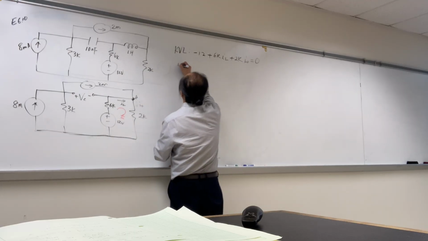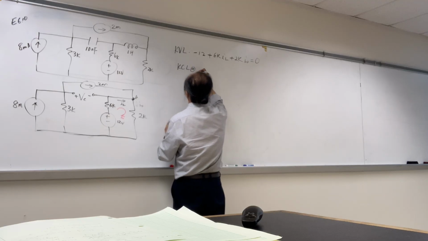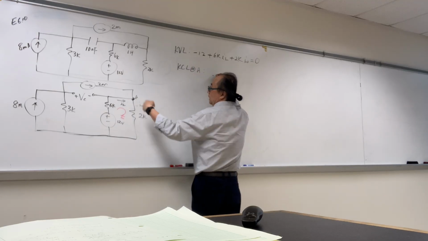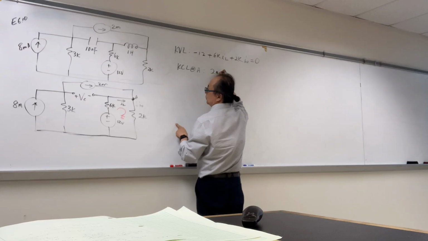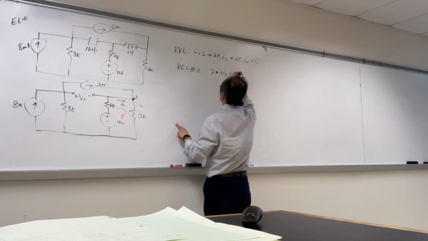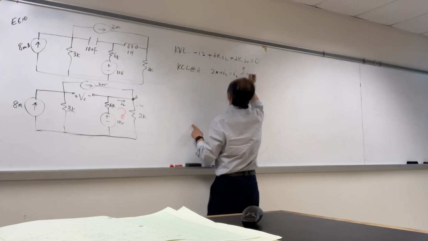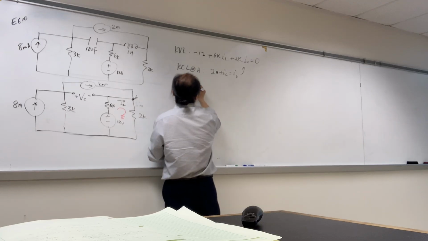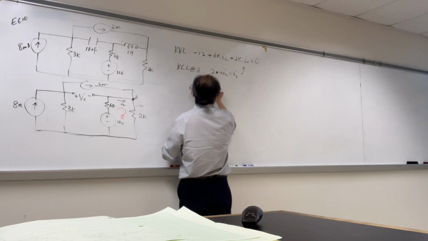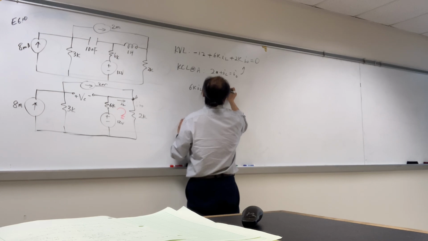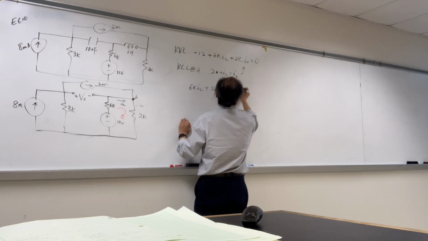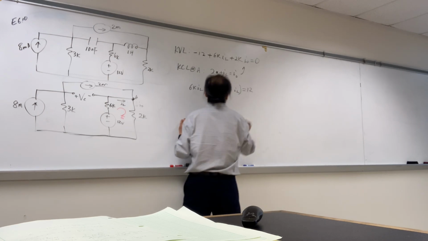When you do KCL, I'll just write it. When we do KCL at node A, we have 2 milli plus IL equals I0. When we plug it in here, 6K IL plus 2K times 2 milli plus IL equals positive 12.